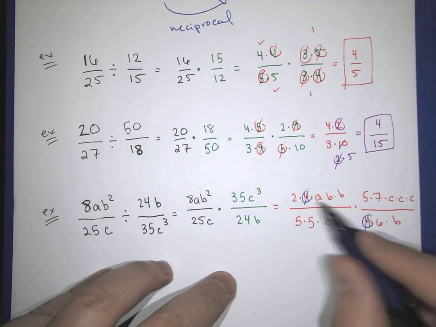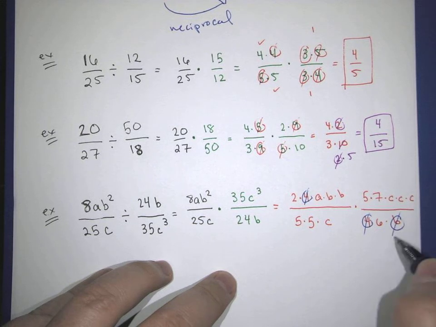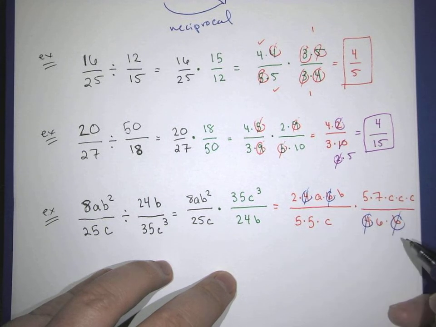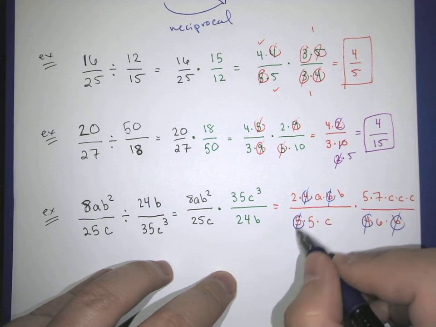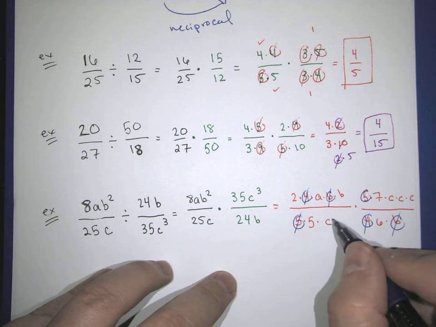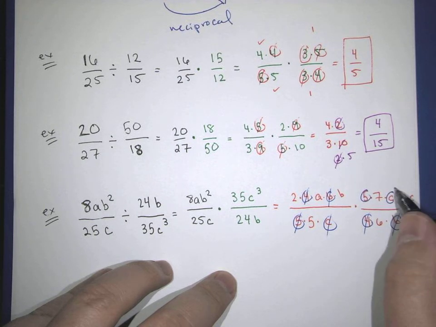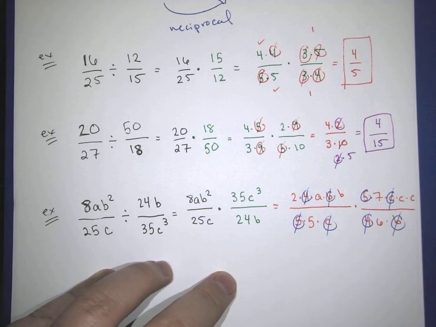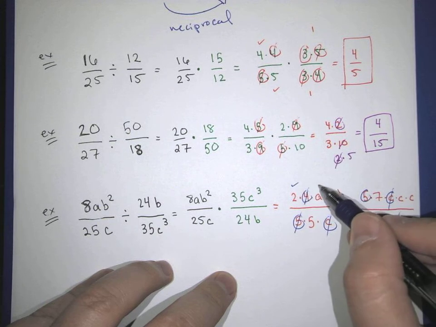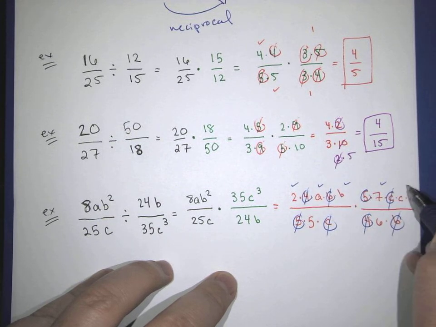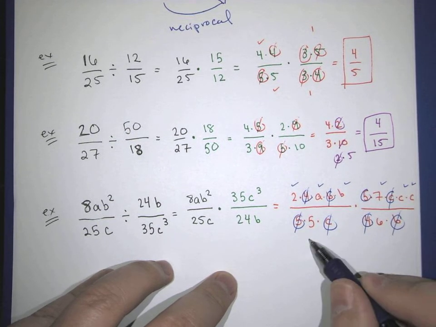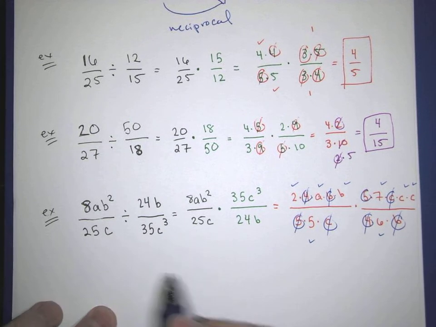Stuff that sticks out, 4 and 4. Variable value, I could do a B for a B. I've got a 5 and 5. I could do C here and a C here. What's left over? 2, A, B, 7, C, 5 and 6.